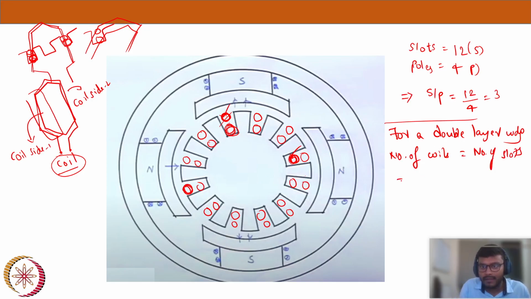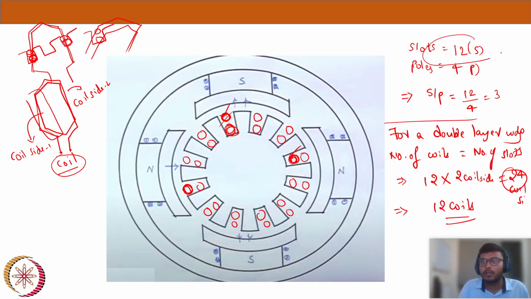Simple: the number of slots is 12, and each slot has two coil sides. That means we have 24 coil sides, but each coil has 2 coil sides. So if we have 24 coil sides, we have 12 coils, which is nothing but the number of slots. So for a double layer winding, the number of coils is always equal to the number of slots.